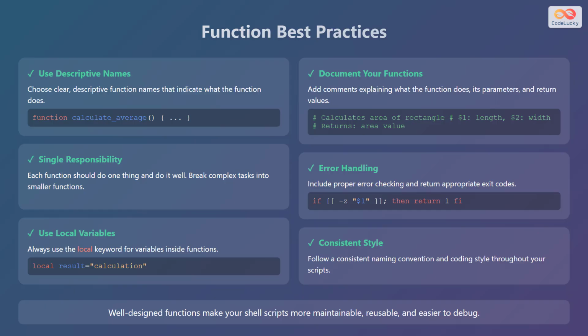Include proper error checking and return appropriate exit codes to handle potential issues gracefully. Lastly, maintain a consistent style. Follow a consistent naming convention and coding style throughout your scripts to enhance readability and maintainability. Well-designed functions make your shell scripts more maintainable, reusable, and easier to debug, ultimately leading to more efficient and reliable code.